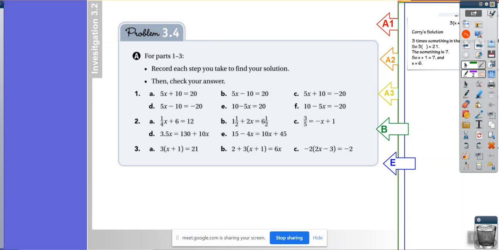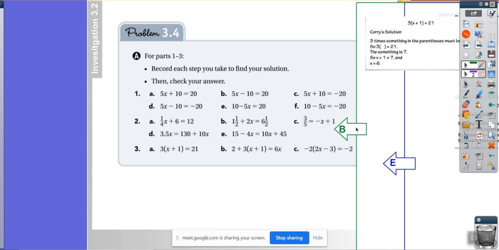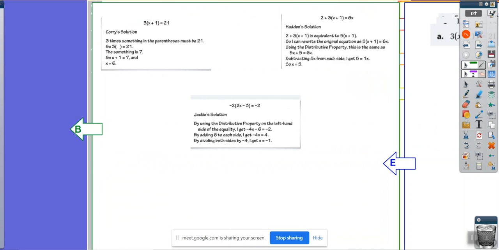For question B, we have Corey, Hayden, and Jackie. And both students solved their problem, and they wrote down in English language how they did it.